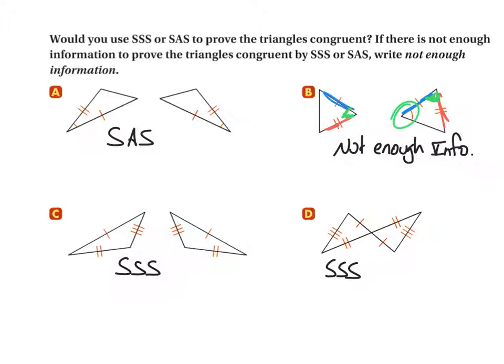But if you look a little closer, you might notice that we actually have vertical angles right here. And so because we have those vertical angles, this side is congruent to this side, and this side is congruent to this side. And so right there, we actually have side, angle, side congruent as well. And so we could actually use either of those to prove those two triangles are congruent.